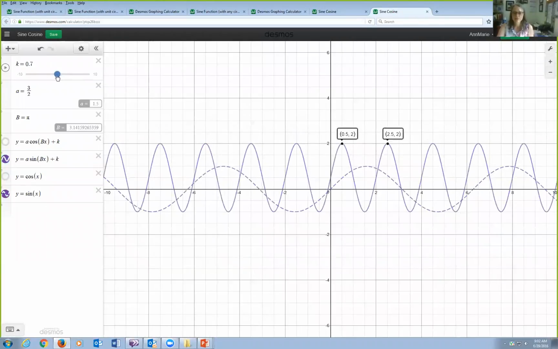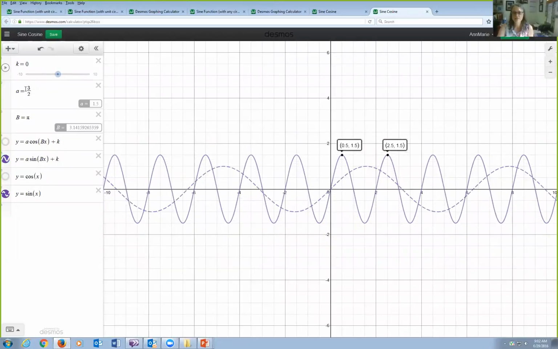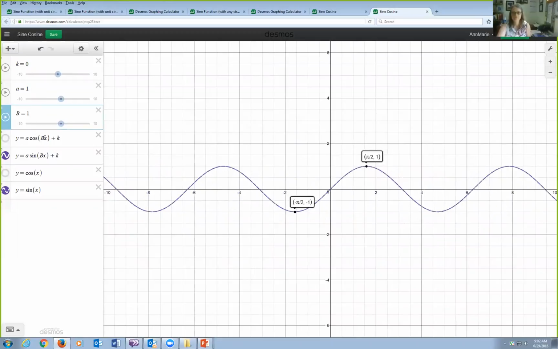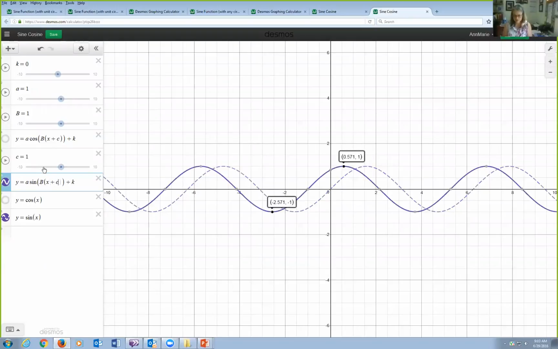So I want to talk about horizontal shifts. And the way we talk about horizontal shifts is we put those inside the parentheses, and we put it in the same order that we would do the order of operations.